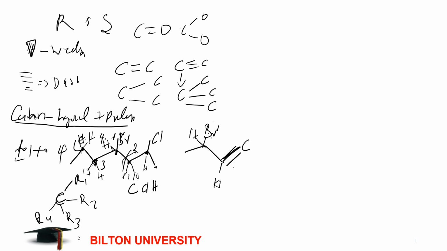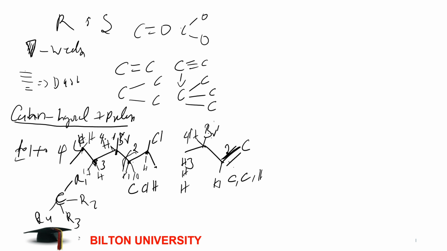And then if you look at this carbon and this carbon, this one is simply bonded to hydrogen and another hydrogen and another hydrogen, while in this carbon, because it is a double bond, it's bonded to one carbon and another carbon and this hydrogen. So this one is going to take our second priority, and this is going to be third priority, and this is going to be our fourth priority. So that's what it simply means.